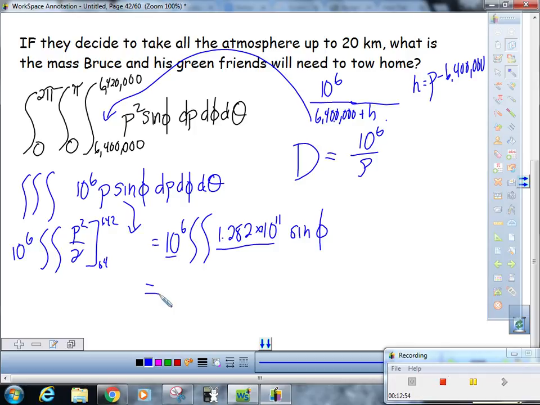So now our exterior constant becomes 1.282 times 10 to the 17th. Okay? You get that? Just multiply it by 10 to the 6th times the integral from 0 to 2 pi of negative cosine phi as phi goes from 0 to pi. And now we're only left with theta.